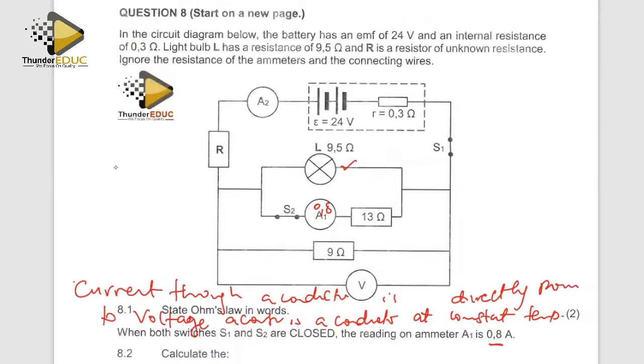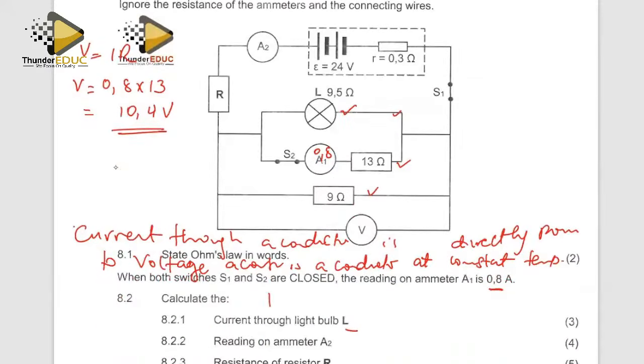The voltage is going to be 0.8 multiplied by 13 from Ohm's law. So this gives me 10.4 volts.